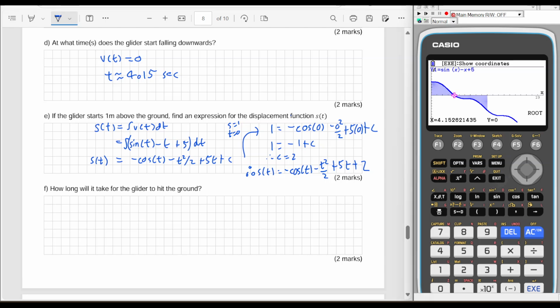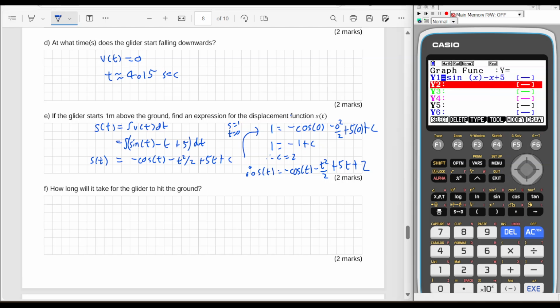All right, now let's graph that. I might graph it here. So minus cos of x in this case, take x squared over 2 plus 5x plus 2. We'll do that.